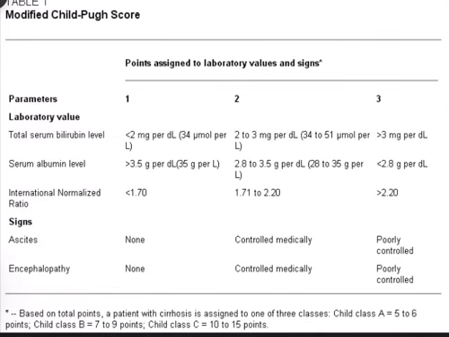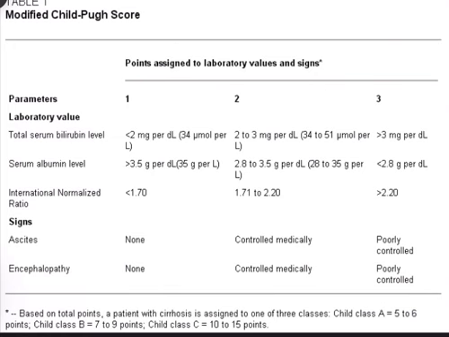Then the signs being observed in your parameter 2, your ascites is controlled medically. So, we have medical intervention. The fluid within the peritoneum is drained. Then, encephalopathy is also seen. Then, as a third parameter, the serum bilirubin is greater than 3 milligram per deciliter.